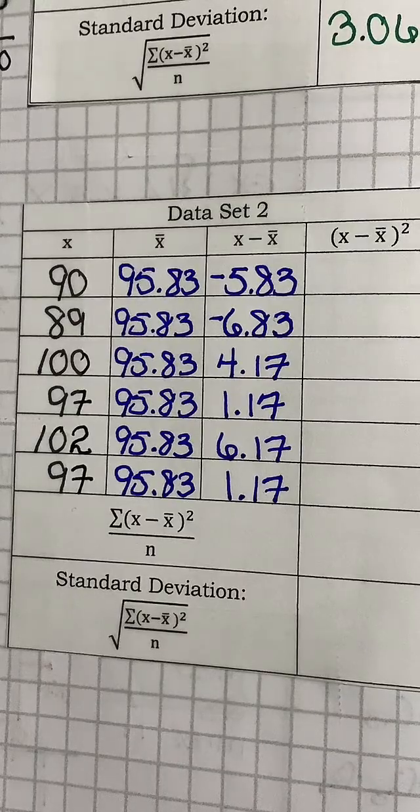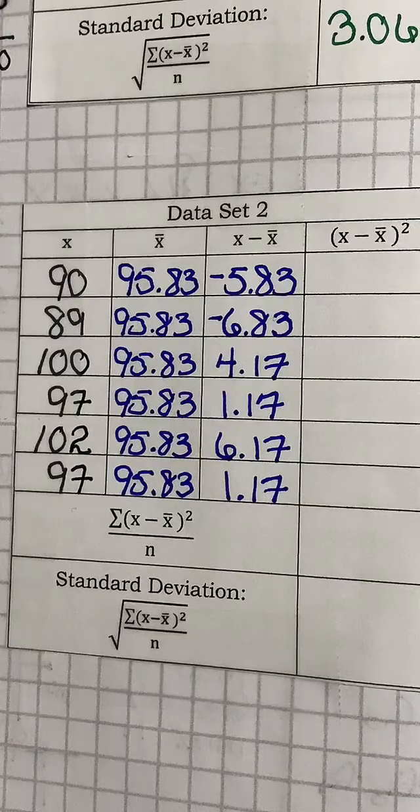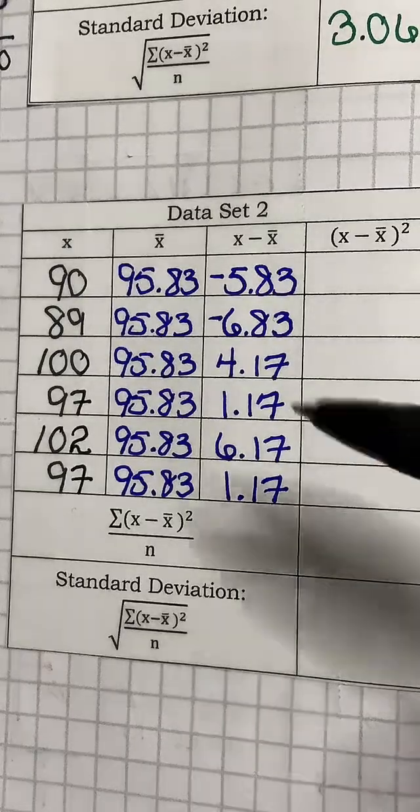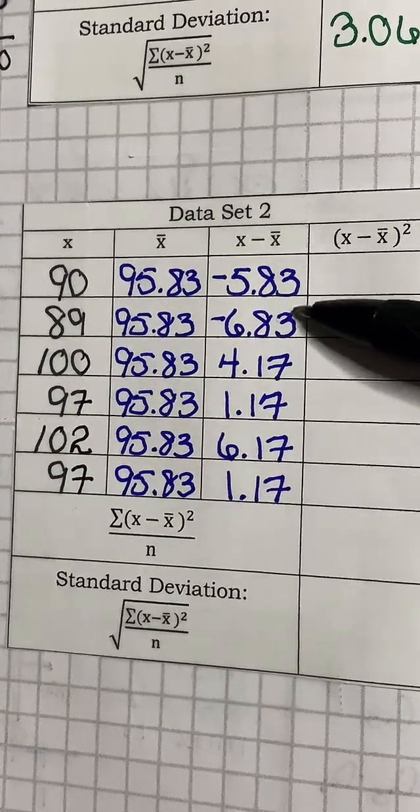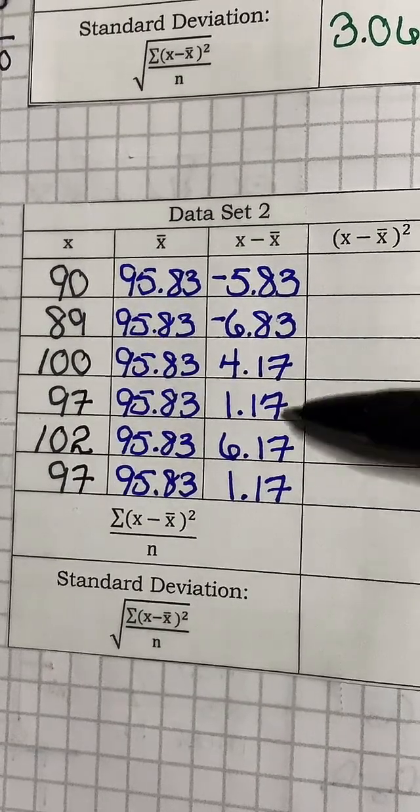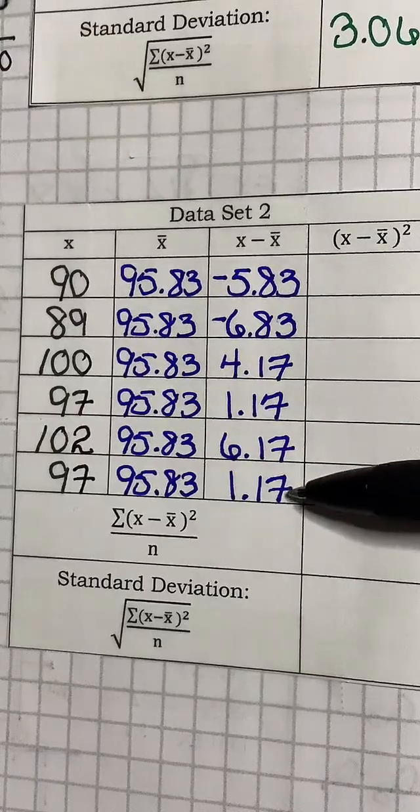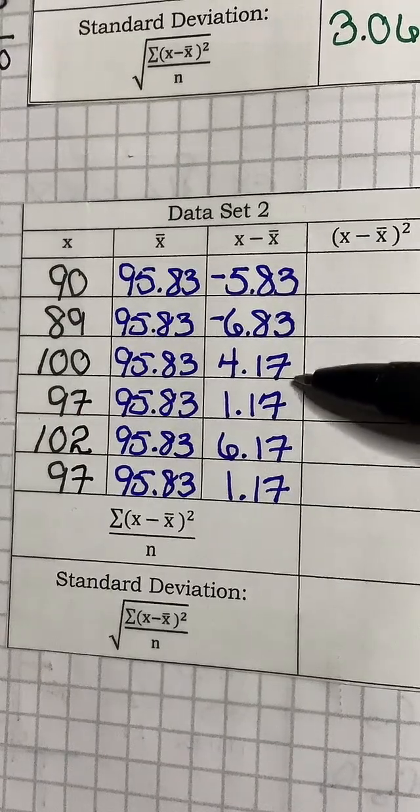Okay. The fact that you are still here and you're breaking down math concepts is amazeballs. So proud of you, because I know it's intimidating. It's really intimidating. So now we're going to take this last column and we're going to square each and every number.